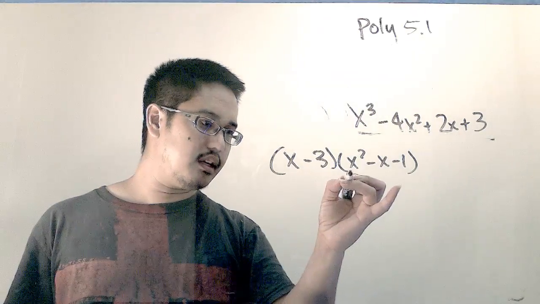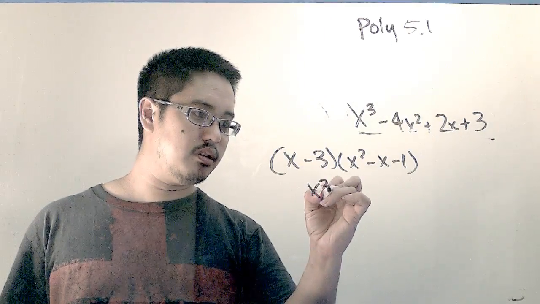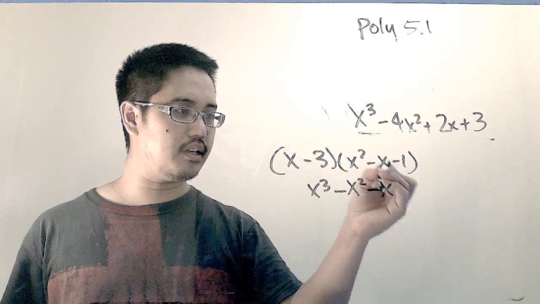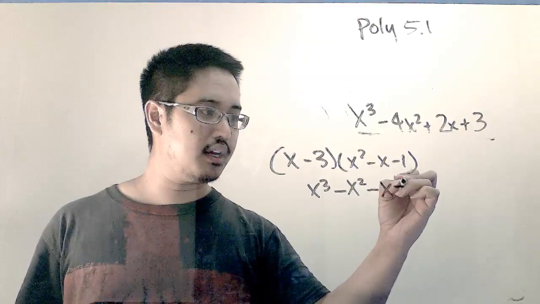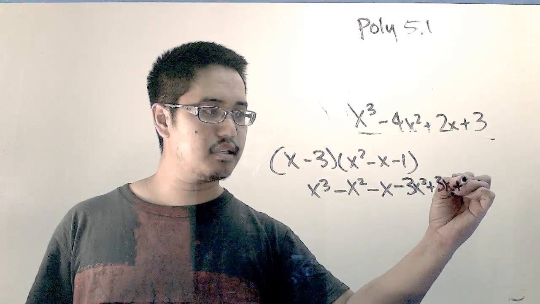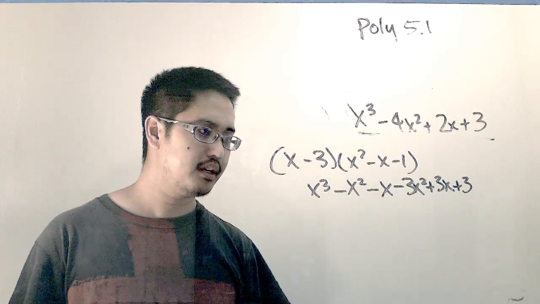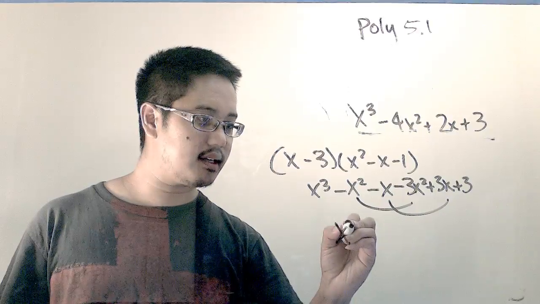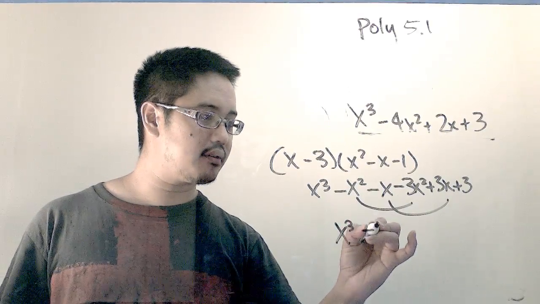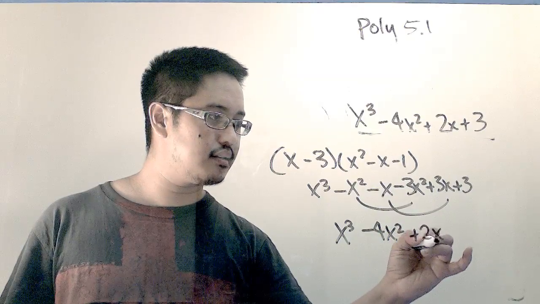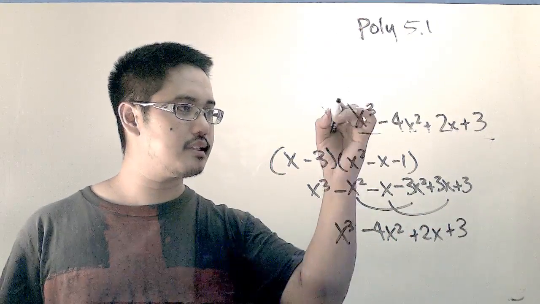I'll multiply everything in here by x, and I'll have x cubed minus x squared minus x. And I'll multiply everything in here by negative 3, and I'll have negative 3x squared plus 3x plus 3. All right, combine like terms. This one's alike with that one. This one's alike with that one. I have x cubed minus 4x squared plus 2x plus 3. Okay, that's the same.